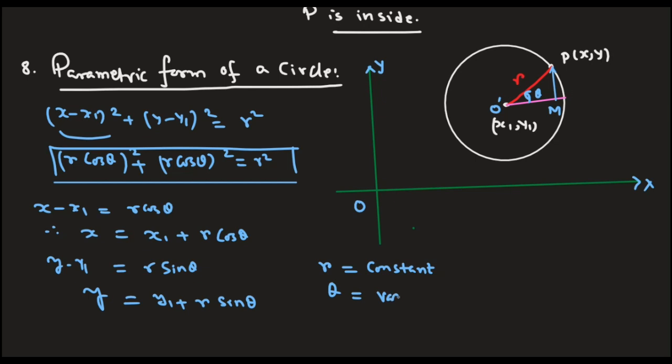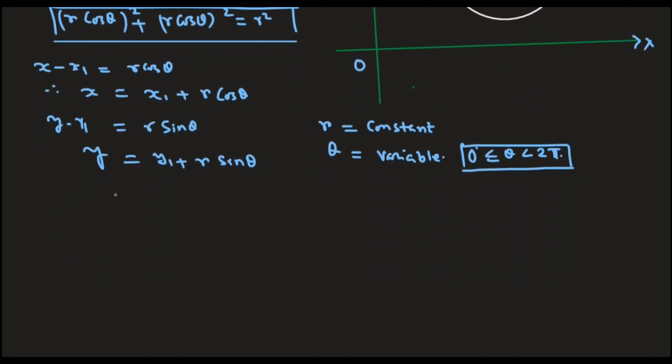Theta is variable. Theta can take the value 0 less than or equal to theta less than 2 pi. So this is the range of the value of theta. Now we can say that the general point on this circle is x1 plus r cos theta, comma y1 plus r sin theta.